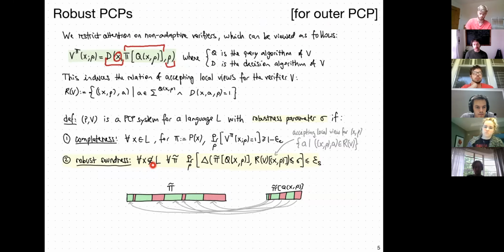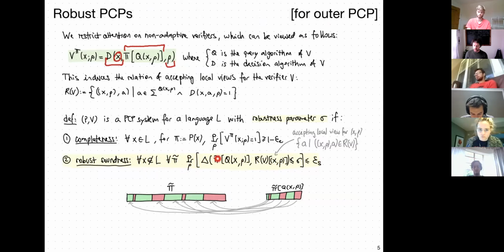It tells us that if we have an input which is not in the language, then for any malicious proof we might get, with very low probability we could end up accepting.